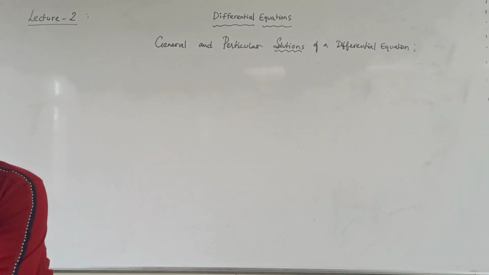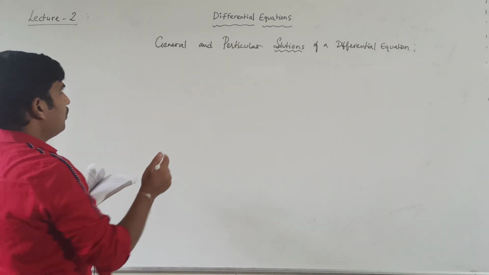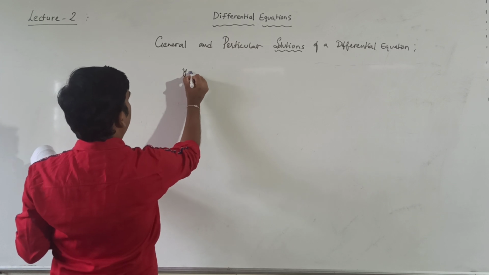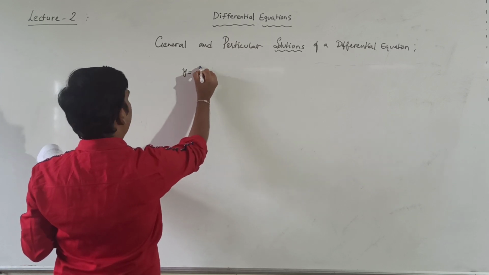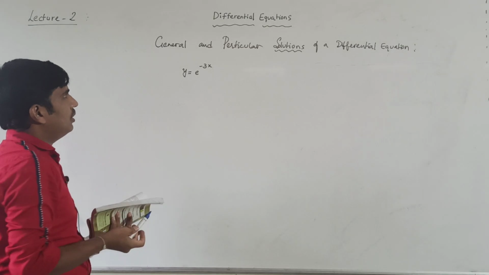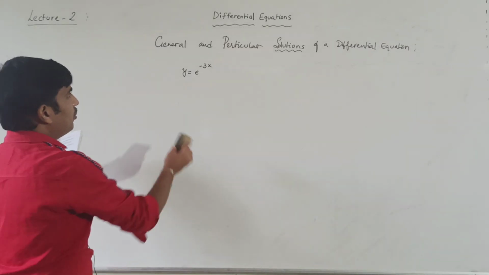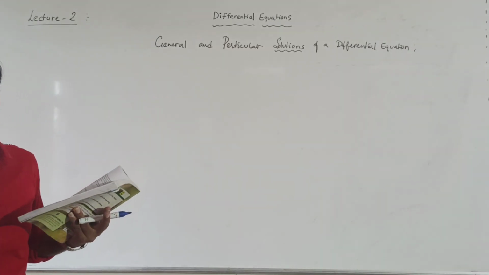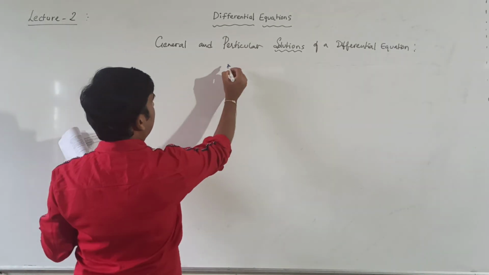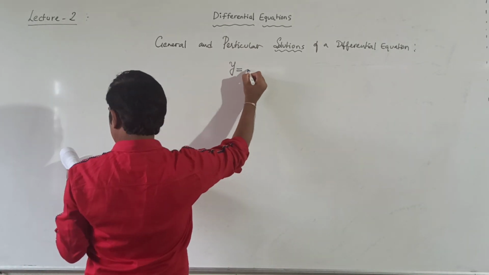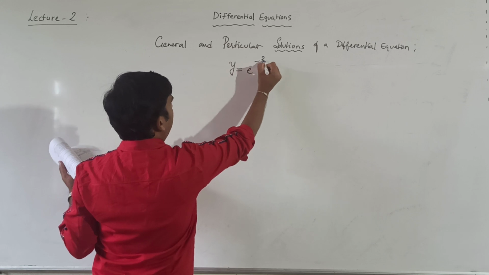With one example I will explain. Suppose y is equal to e power minus 3x. Some students say it is not visible, so I will write in bold letters. So y is equal to e power minus 3x.